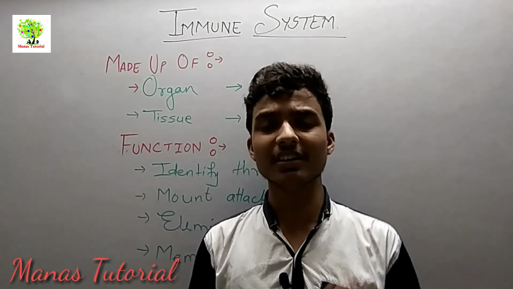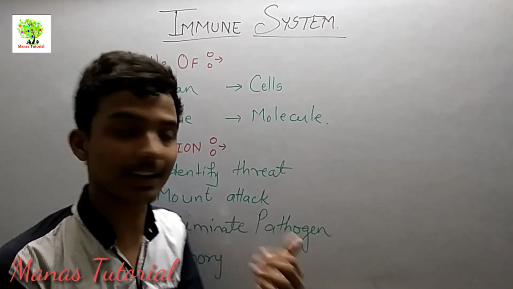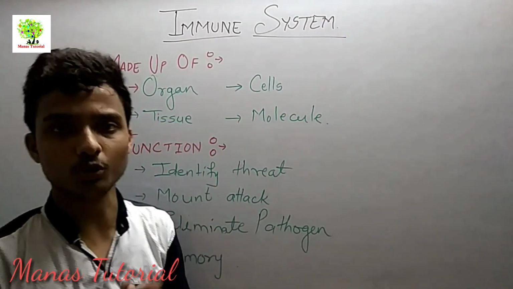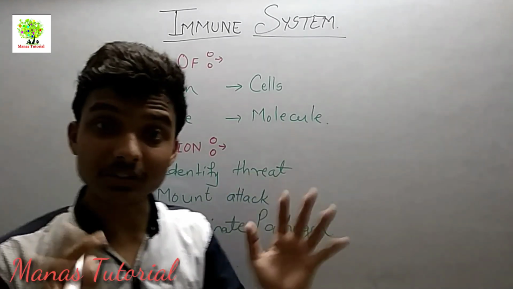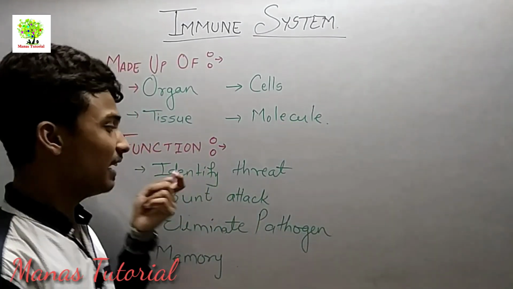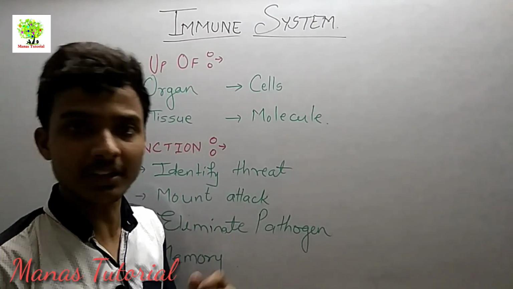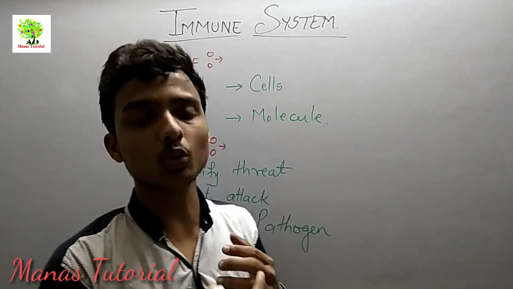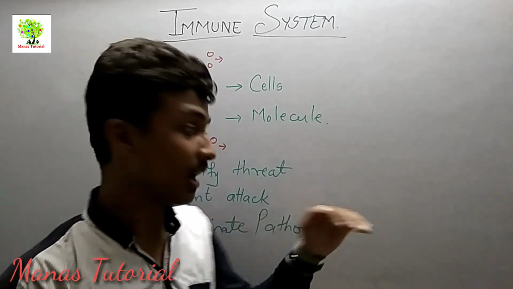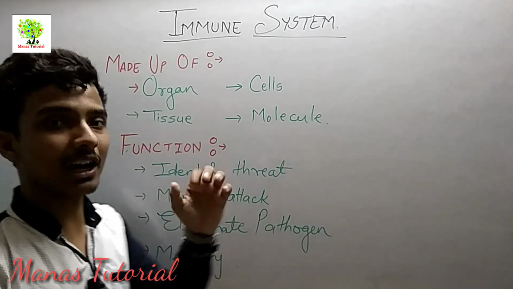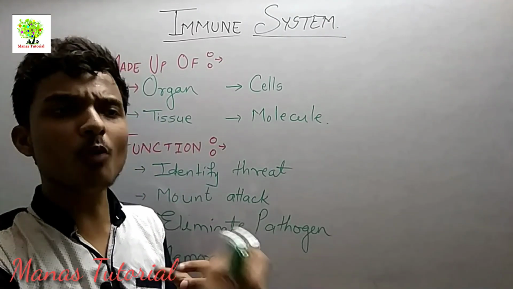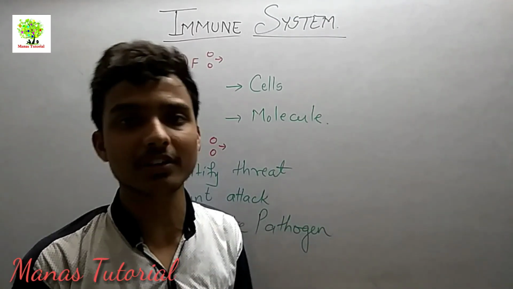The immune system is made up of all types of cells, molecules, organs as well as tissues, and their functions are: first, it identifies the threat, meaning it identifies the foreign particles which are a threat to our body. After recognition, it mounts the attack, depending on how much pathogen is there.